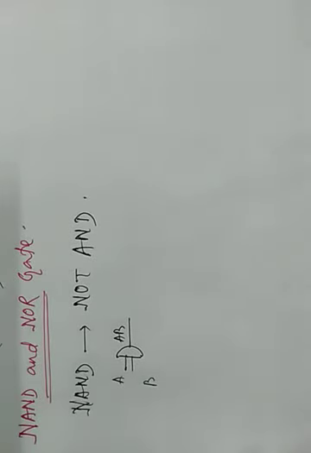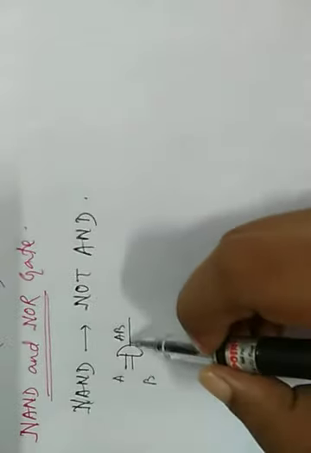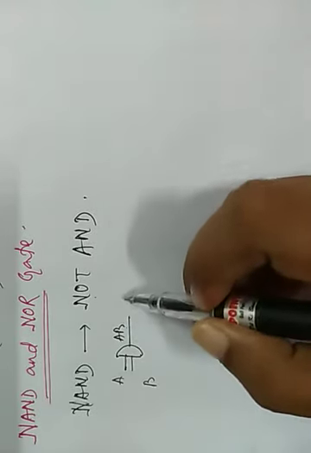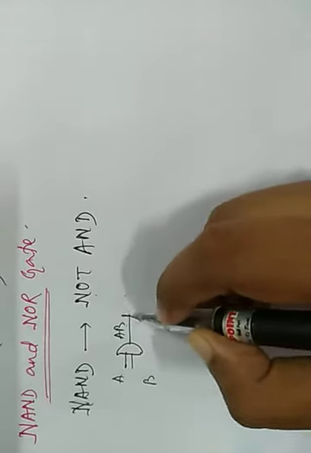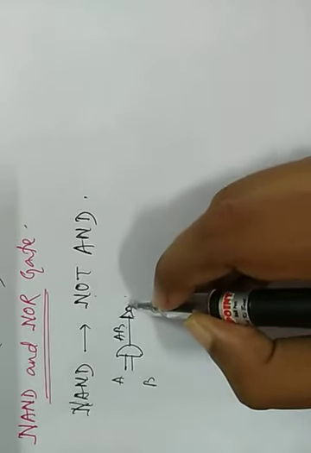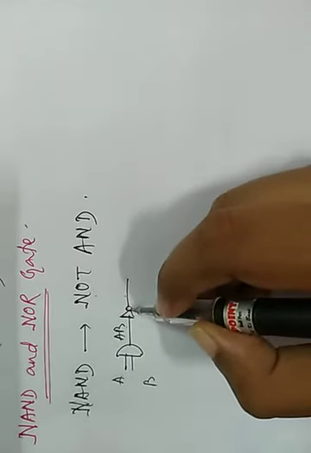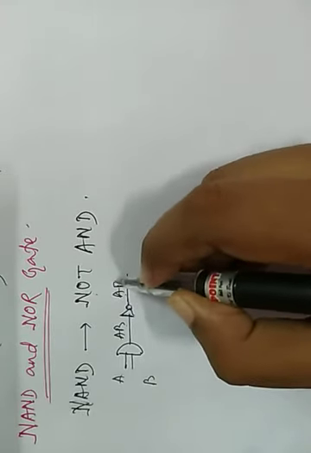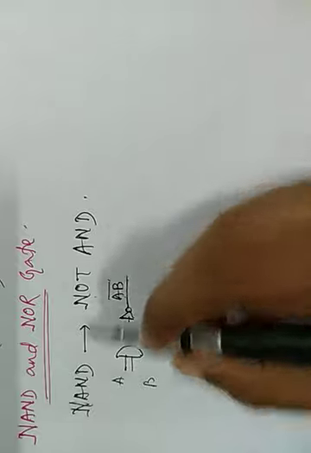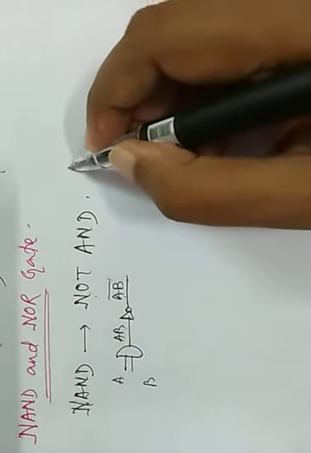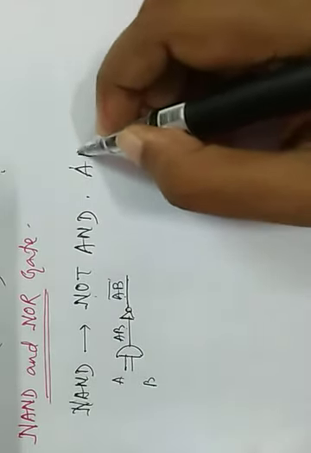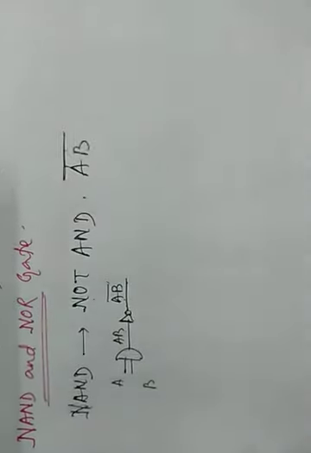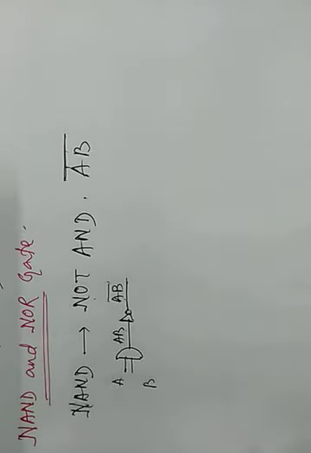NOT AND means if we complement the output of an AND gate, that means if we add one NOT gate at the output of an AND gate, we get the NAND operation. That means (A·B) bar. So NAND means if two variables are there, then the complement of the AND operation gives the NAND gate.